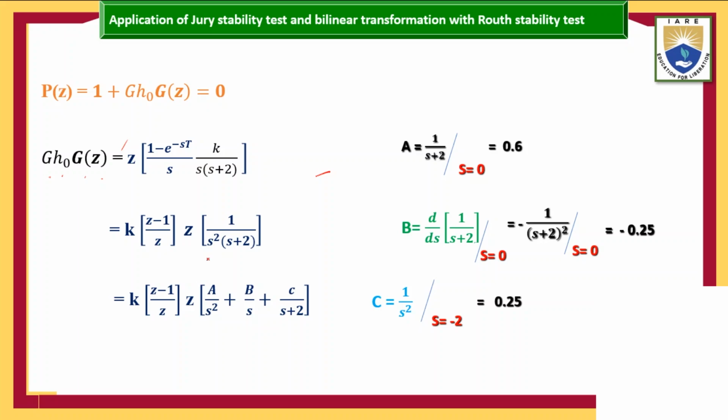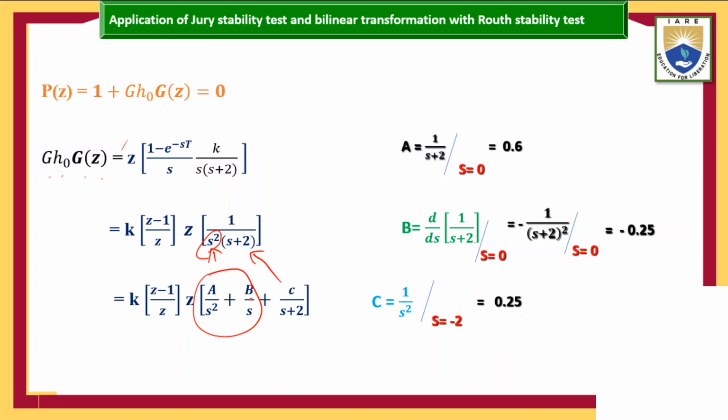Because here s has the square term, so from higher order to lower order you have to divide the terms. So a by s square plus b by s is only for this part, and plus c by s plus 2.